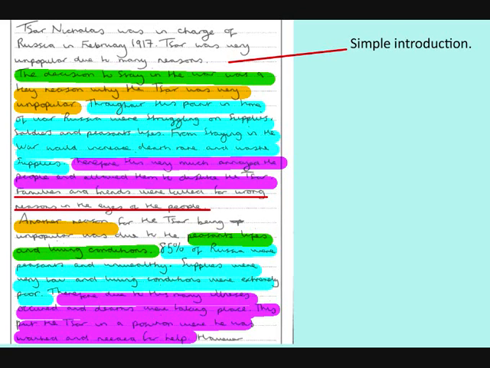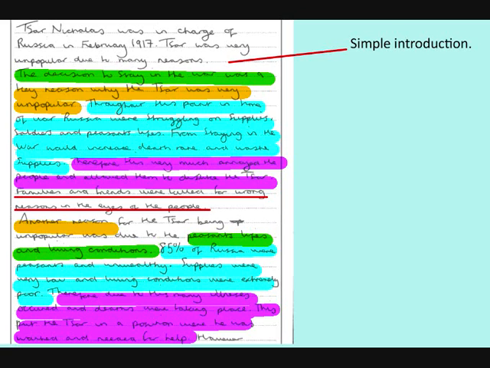Staying in the war would increase death rate and waste supplies. Now the narrative isn't exactly brilliantly constructed, however the explanation is well done. Therefore this very much annoyed the people and allowed them to dislike the Tsar. So they've referred it back to the question. It's not a strong argument, but it would get a level 3.